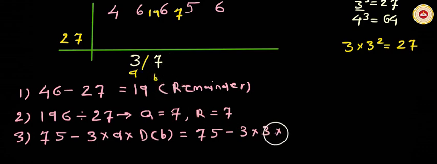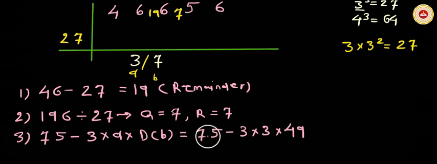What is the duplex of B? Duplex of 7. How to calculate the duplex of a single digit? Just square it. So 75 minus 3 multiplied by 49. But friends, 3 multiplied by 3 is 9 and 49 multiplied by 9 is of course a number greater than 75.